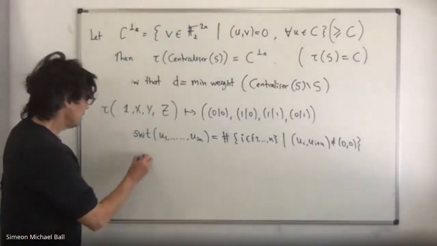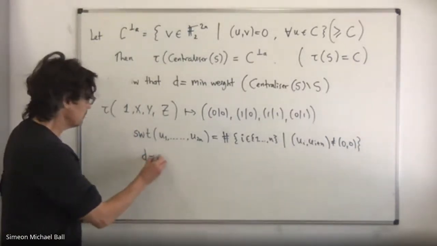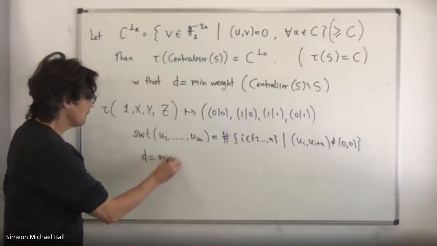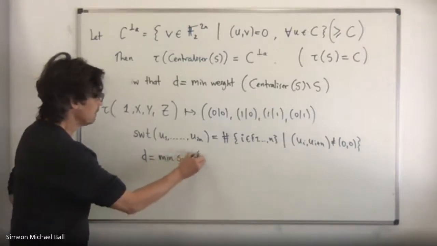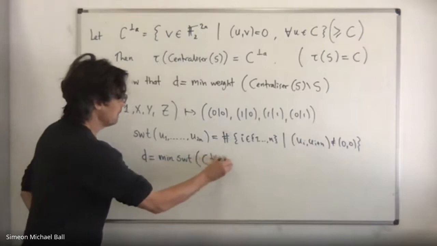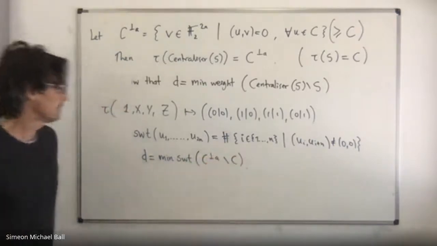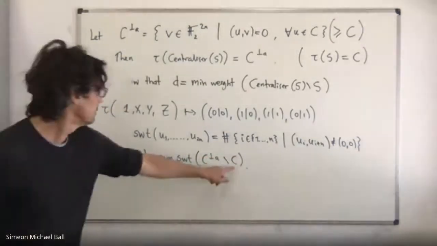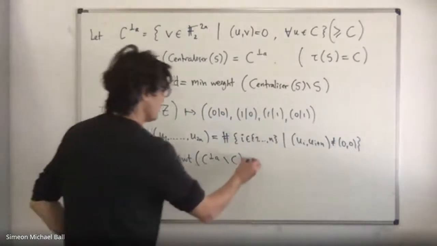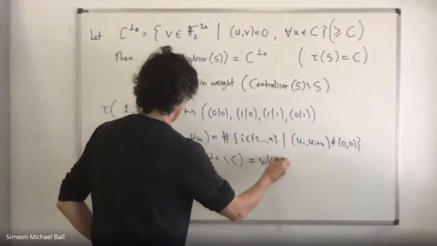And so the d now we know is equal to the minimum symplectic weight of the elements of C perp A, not C, because we have to take out A, which is equal to the minimum weight.